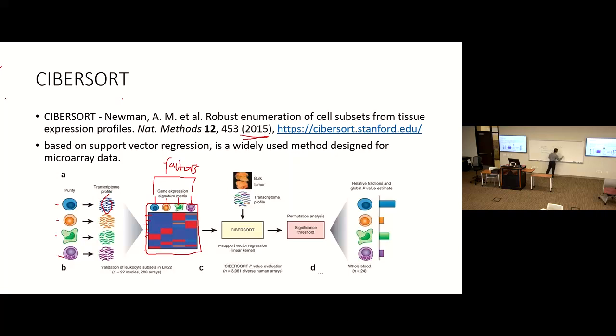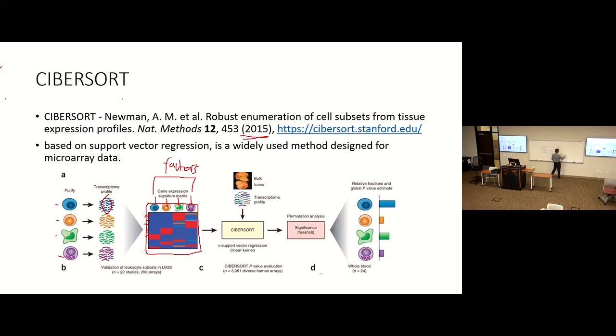We want to approximate this by a U and a V. U is what we build: the single cell RNA-seq cell type gene expression profile matrix.